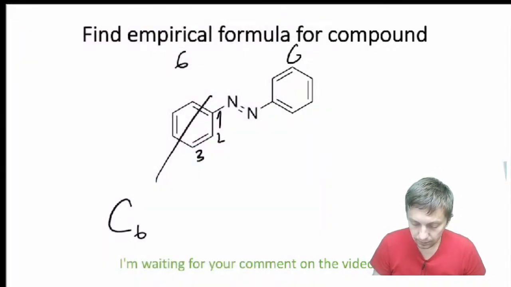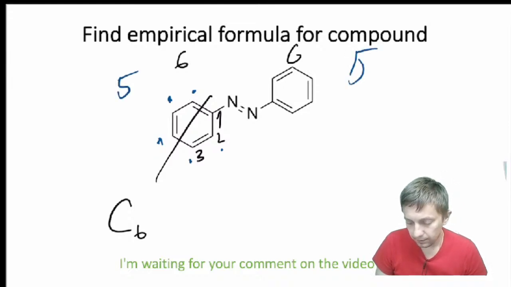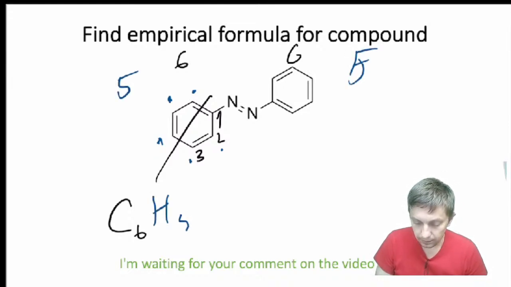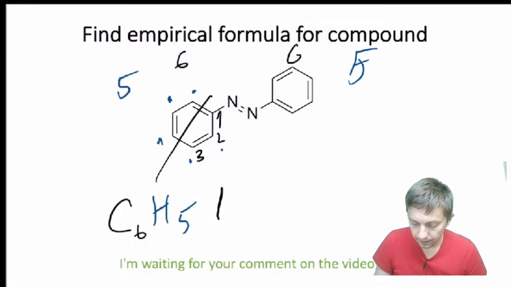Hydrogen: 1, 2, 3, 4, 5 here, 5 and 5 here, so H5, and nitrogen: 1, 2, and 2.